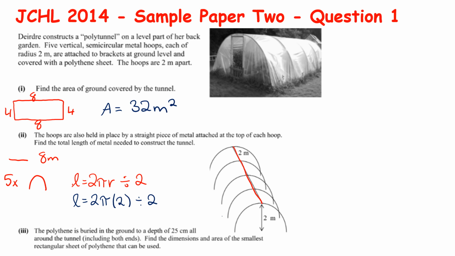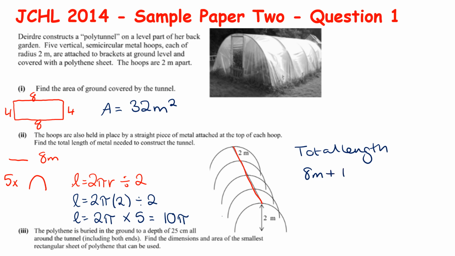So we end up with the length of each of those pieces as 2 pi, and then we're going to multiply that by 5, which gives us 10 pi. So then the total length is going to be 8 meters plus 10 pi meters.